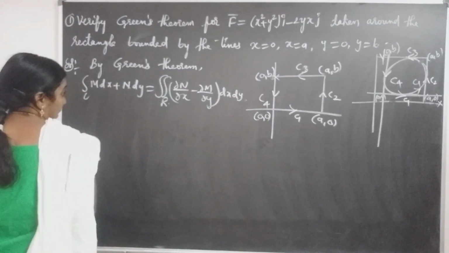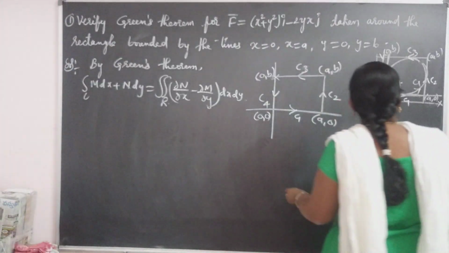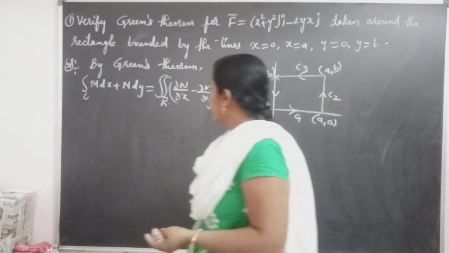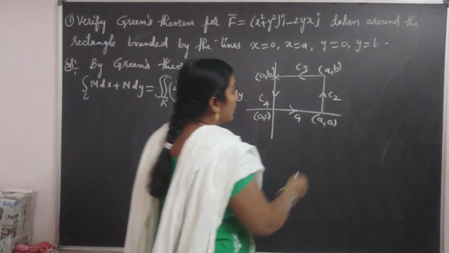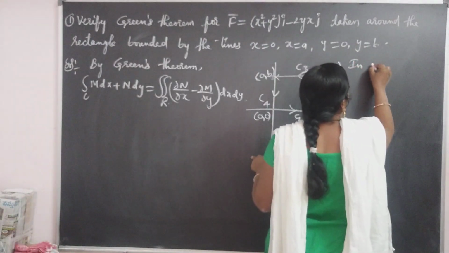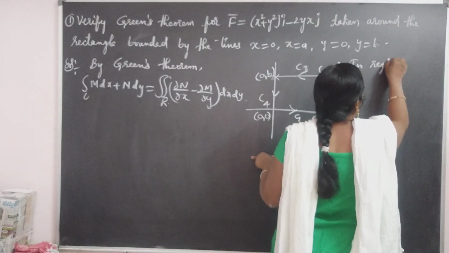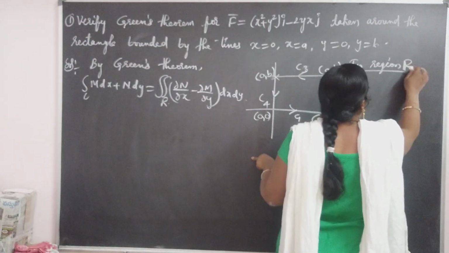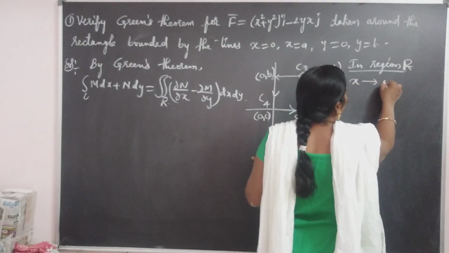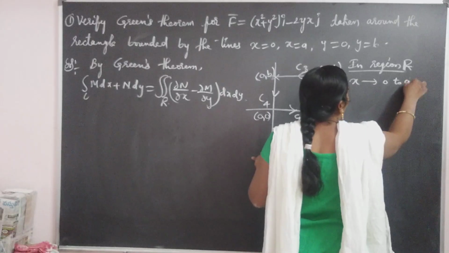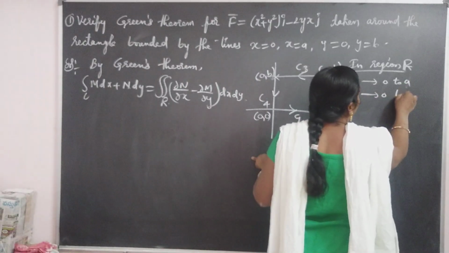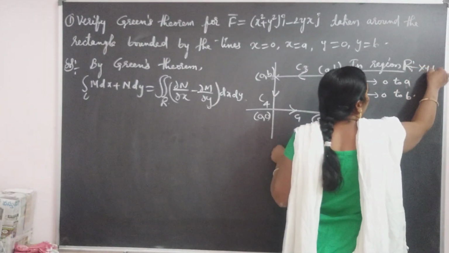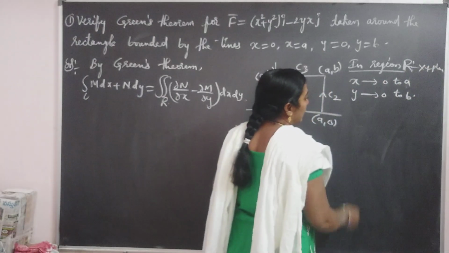In the double integral, directly we can take the limits of x from 0 to a and y from 0 to b, in the region capital R. This is in the xy plane, a double integral.